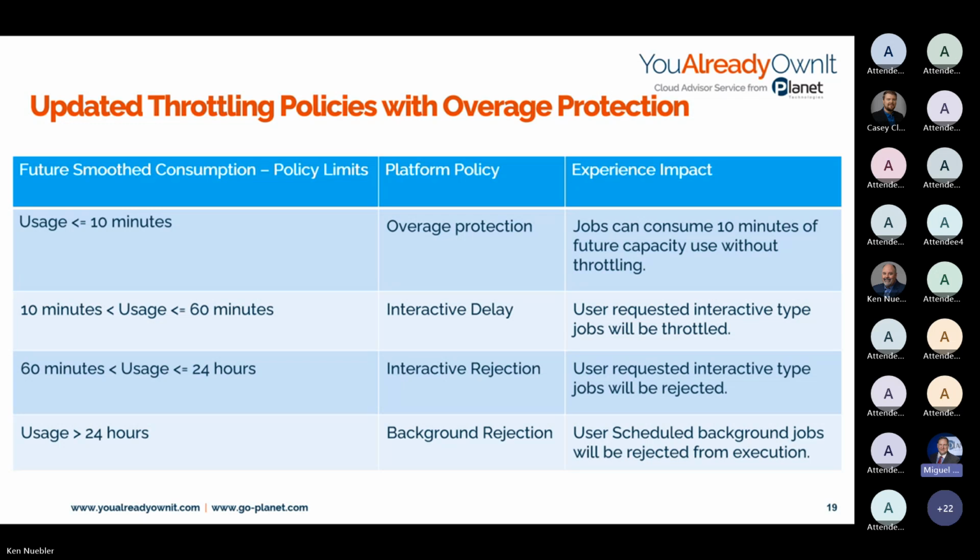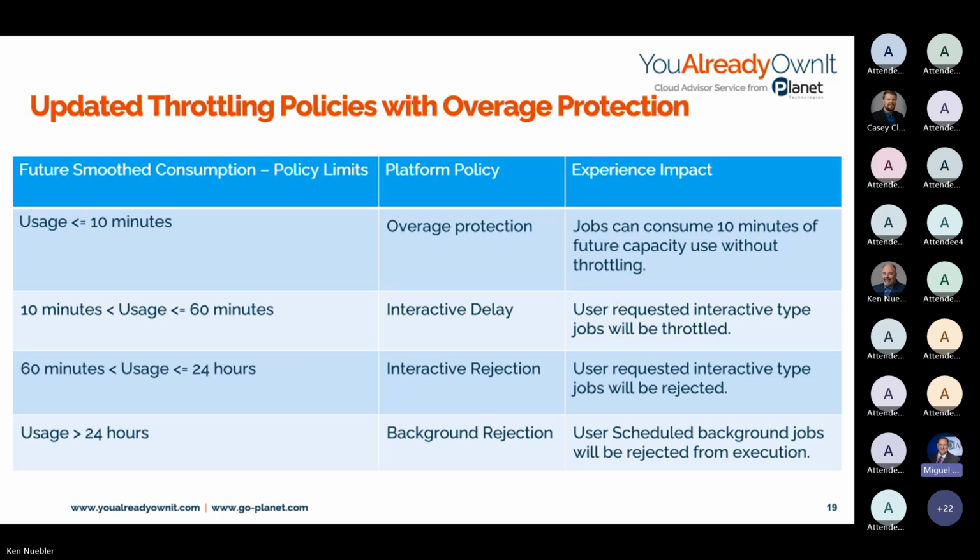If it goes from 60 minutes to that 24-hour hard line, then you are going to start seeing user-requested interactive types rejected, again, not the scheduled jobs or background jobs. Now, if it's greater than 24 hours, that's when you'll see these background jobs, those critical things, start being rejected from execution.